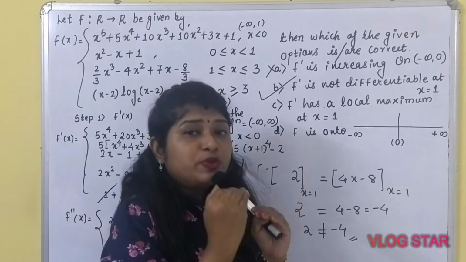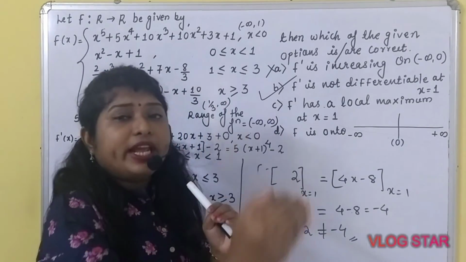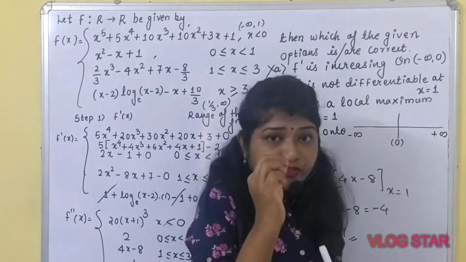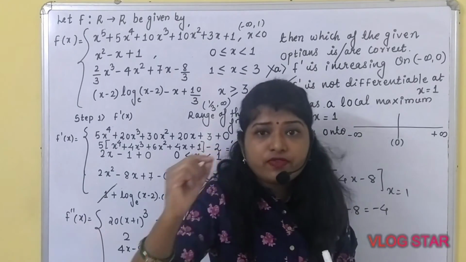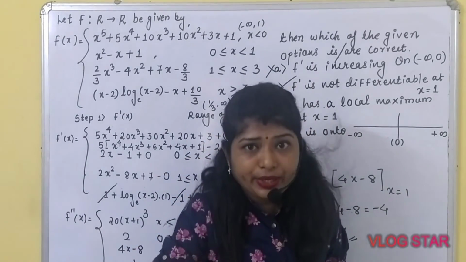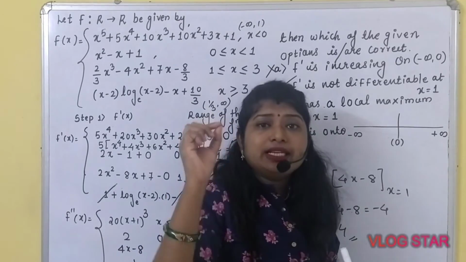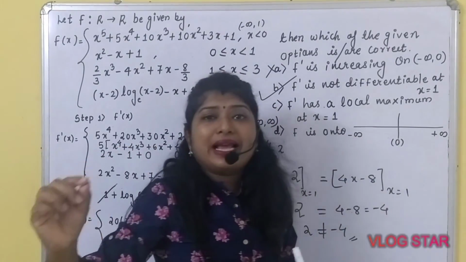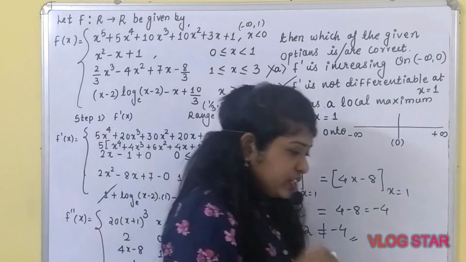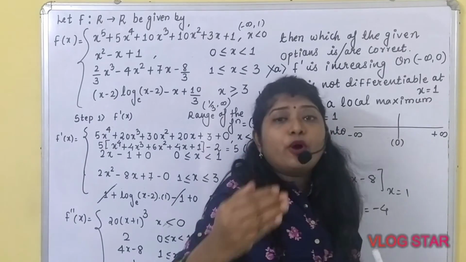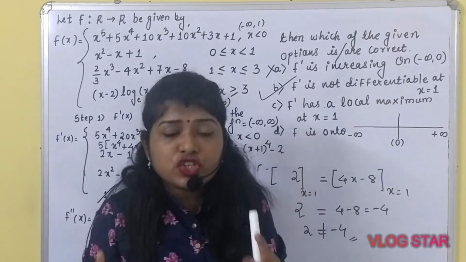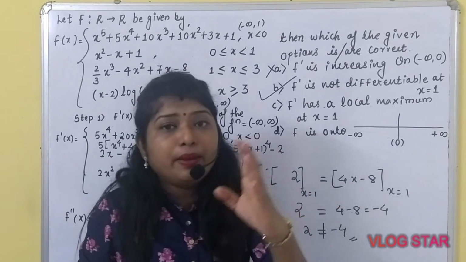If the function slope changes from positive to negative, then the function is said to be local maximum. If the slope changes from negative to positive, then the function is said to be local minimum.